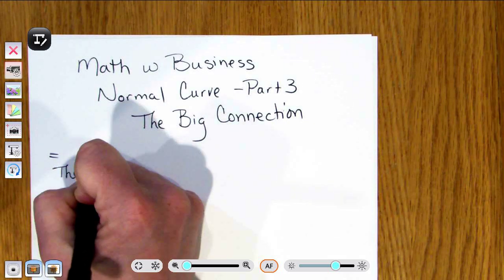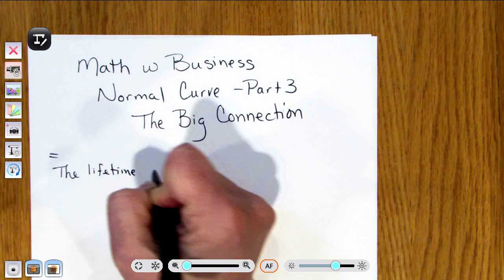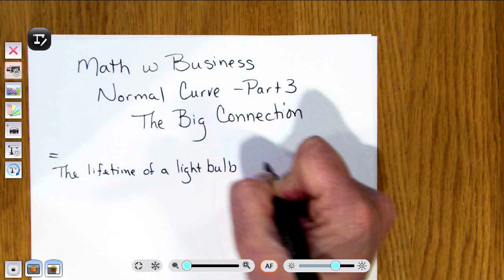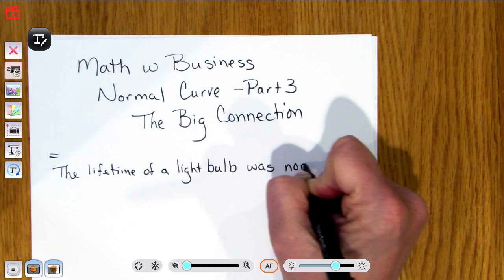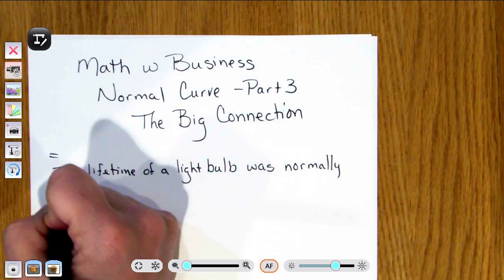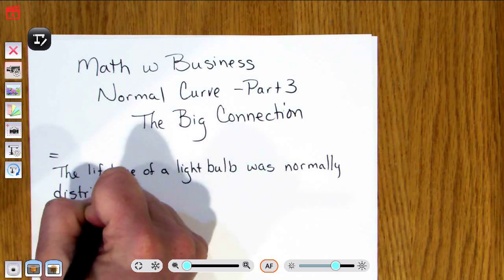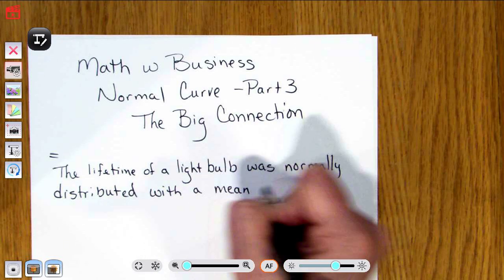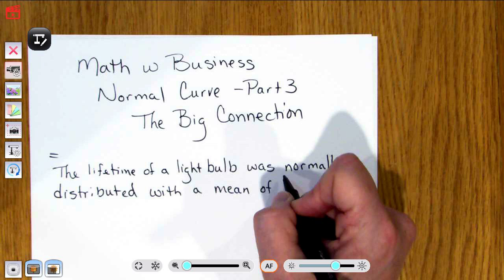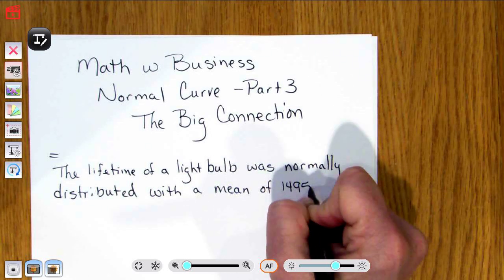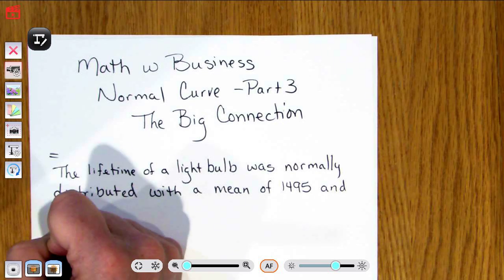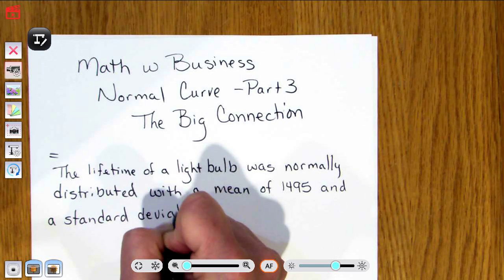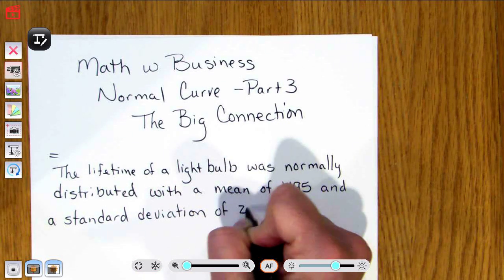The problem we had was that the lifetime of a light bulb was normally distributed with a mean of 1495 and a standard deviation of 22.5.